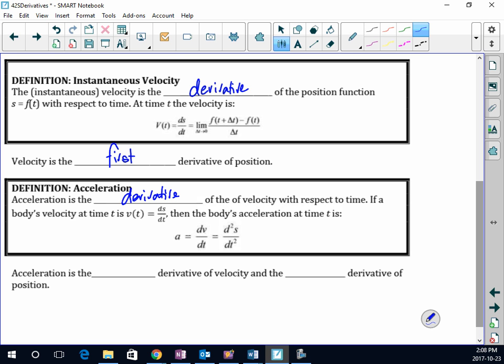The velocity was the derivative of distance or position. Acceleration is the derivative of velocity. So that means acceleration is the second derivative of position. I found it twice. So acceleration is the first derivative of velocity and the second derivative of position.